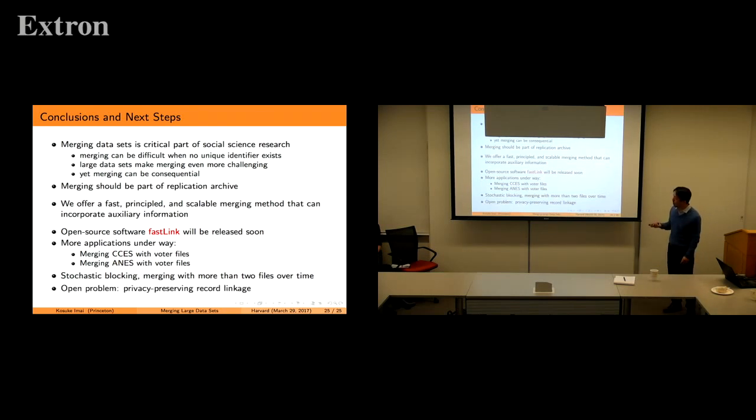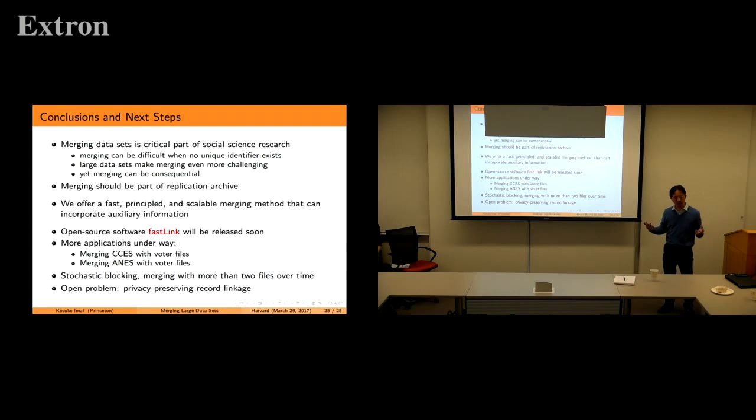There's also an open problem that I haven't really thought about, which is privacy preserving record linkage. If you're a computer scientist, this is something really important. In fact, if two parties have two private files, and each one wants to get some information from one another, but you don't want to give out the whole data set, how would you do that?